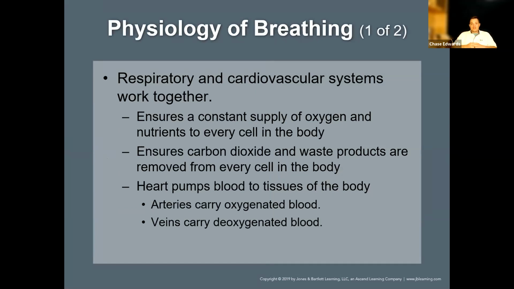Let's get into the physiology of breathing. The respiratory and cardiovascular systems work together. It ensures a constant supply of oxygen and nutrients to every cell in the body, and also that carbon dioxide and waste products are removed from every cell. It's important to understand how the processes of breathing and circulation are connected. The heart pumps blood to the tissues of the body through a series of arteries and veins. Arteries carry oxygenated blood away from the heart and branch into arterioles and capillaries.